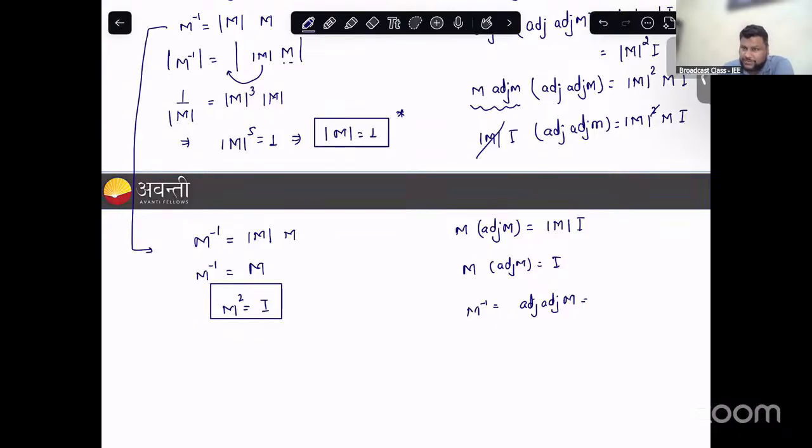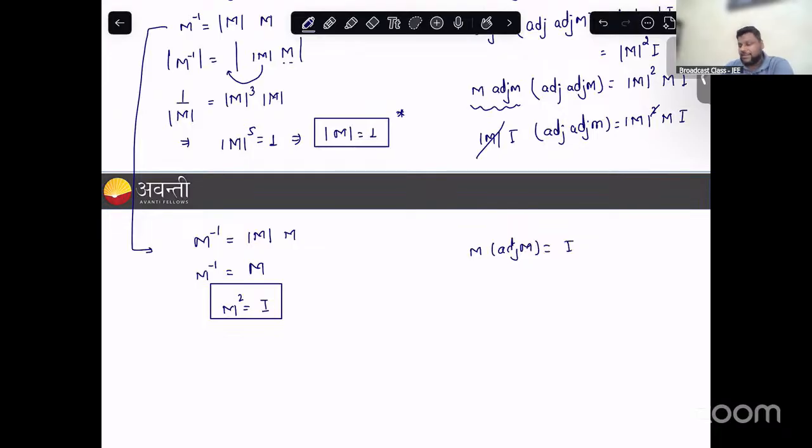Let's not do it this way. See, I have M into adjoint of M as identity matrix.